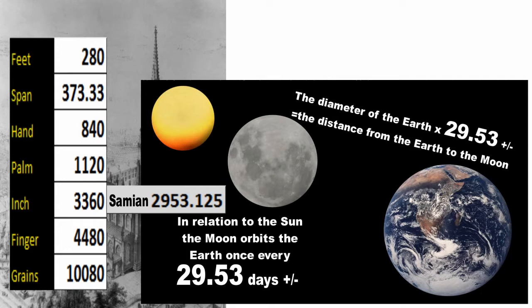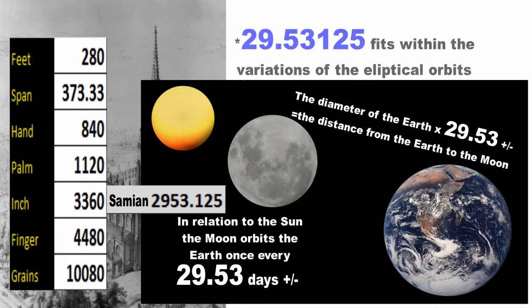naturally occurring, very important numbers, because the 30-day month is actually 29.53 days, give or take, depending on the elliptical orbits. But it's also, if you multiply the diameter of Earth by 29.53, you get the distance from Earth to the Moon. So the Moon orbits the Earth every 29.53 days.